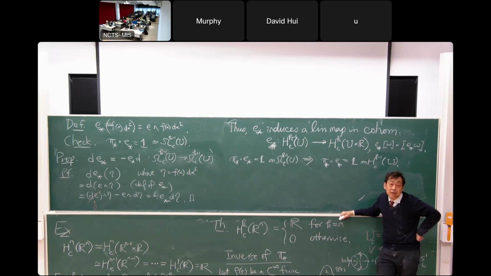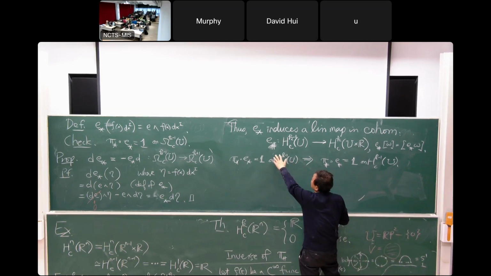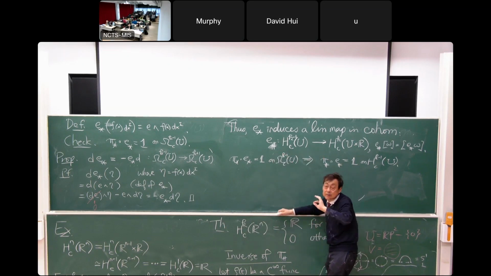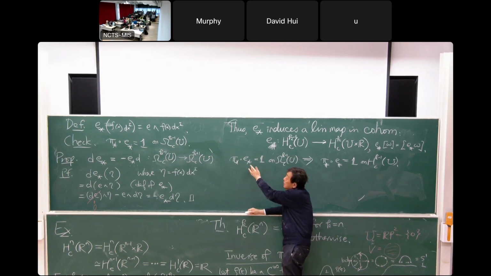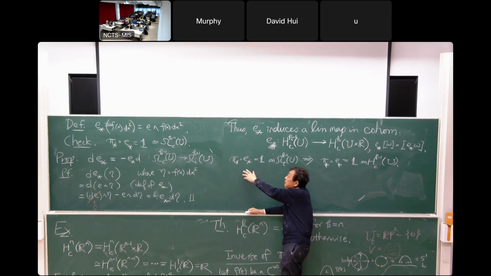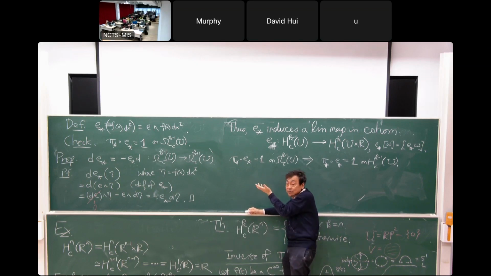Well, like in group theory, you know the theorem that if you have a homomorphism from a group to itself, and it's the right inverse of another map, then it will be the left inverse also. So in group theory, if you check that it's the inverse in one direction, you'll have the inverse in the other direction.